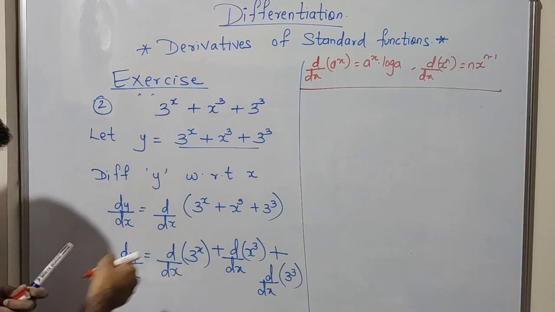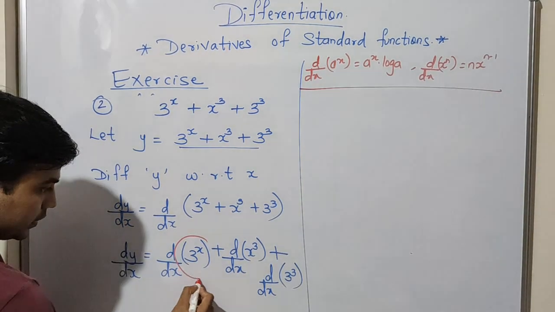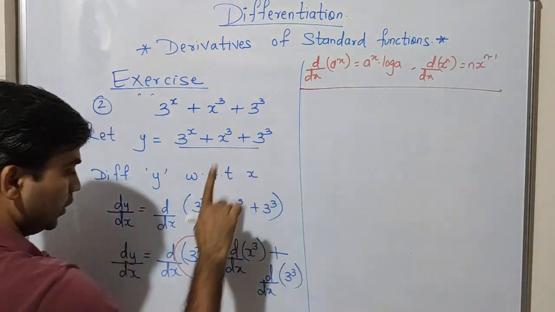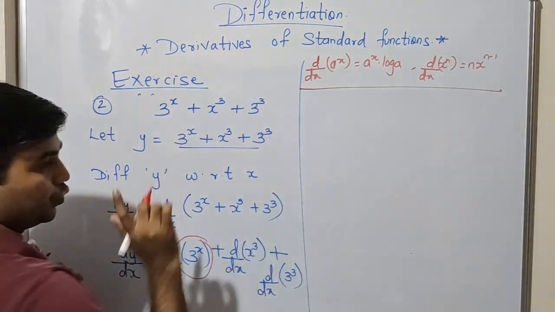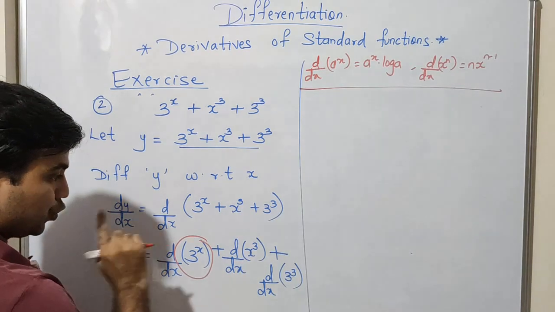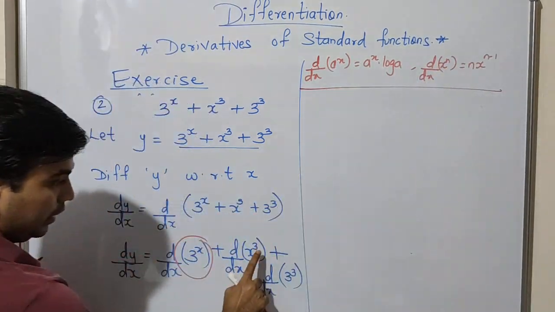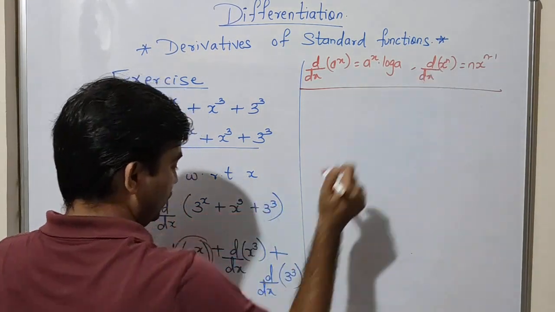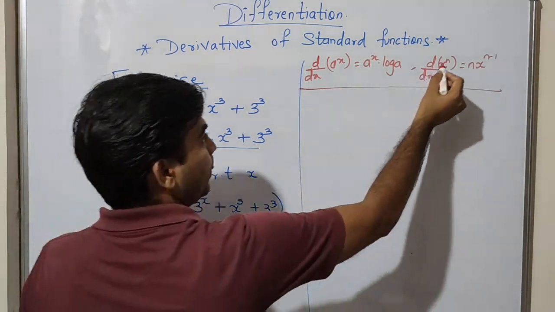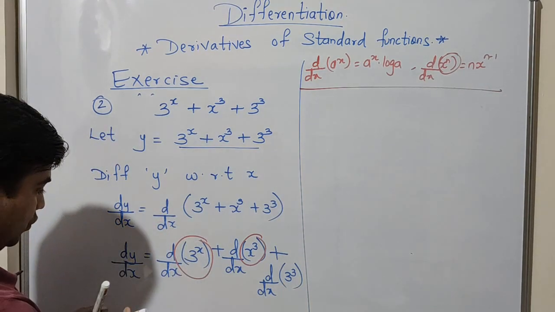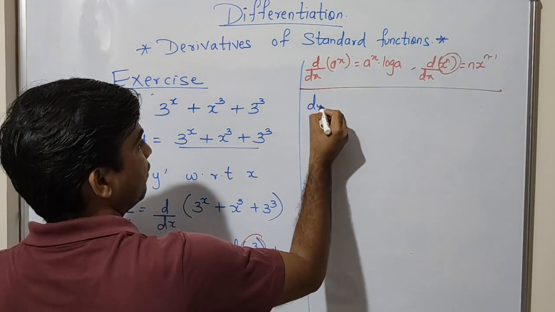So if you see 3 raised to x, how does it look? 3 raised to x, a raised to x. Fine. Next one, x raised to 3, x raised to n. Okay. We'll discuss this later.